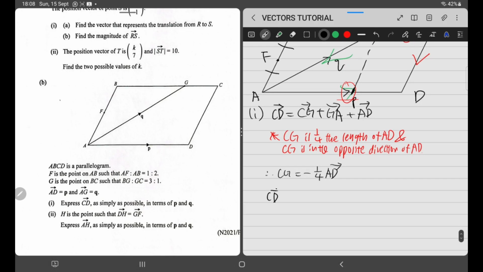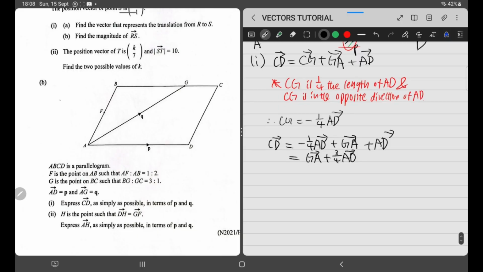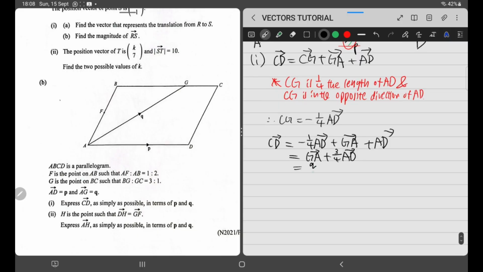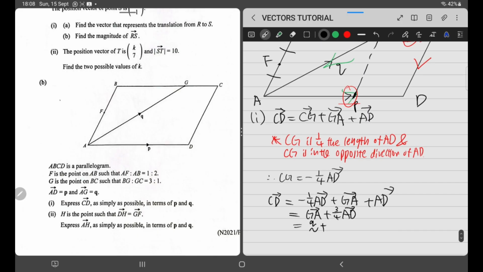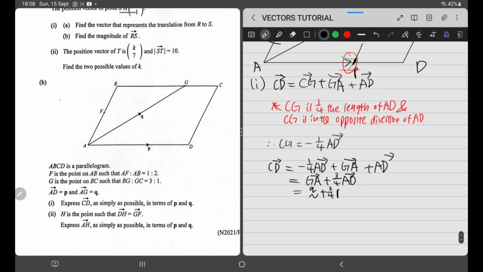So CD is just negative 1/4 AD plus GA plus AD, which is just GA plus 3/4 AD. Right? And GA is Q. And then AD is P. So it's just 3/4 P. So that is the answer right there.